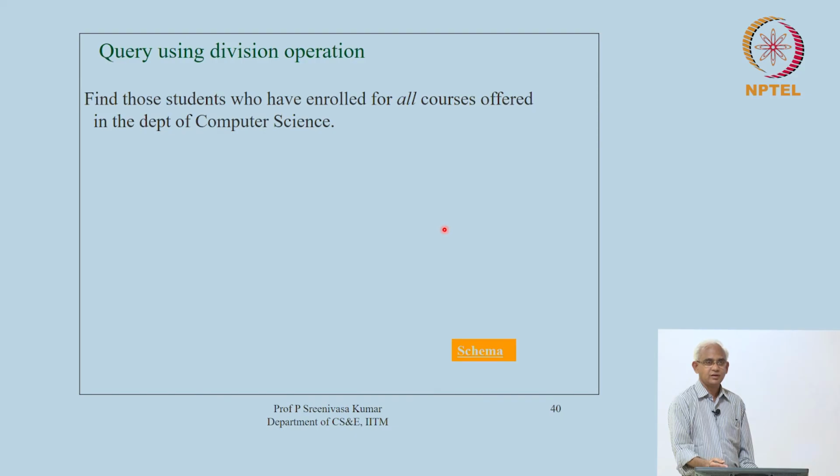Who are those student roll numbers that combine with every course that exists in the set of courses offered by the computer science department and exist in the enrollment relation? That is how the division operator will be used here.